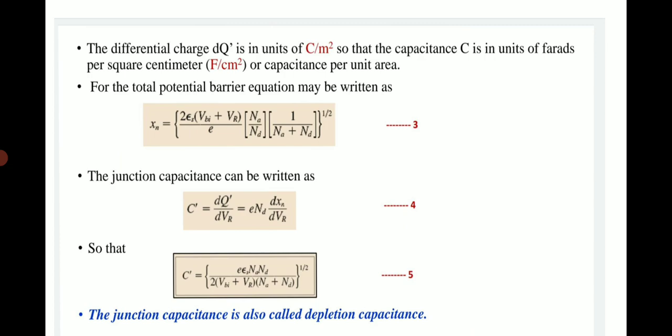We will put in the value of Xn and differentiate with respect to Vr.